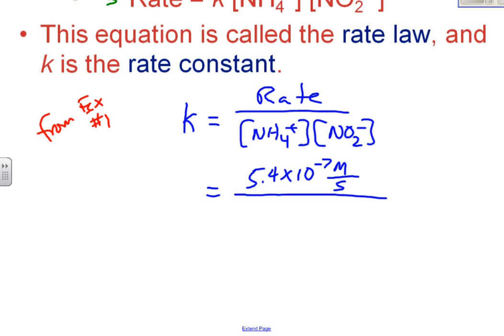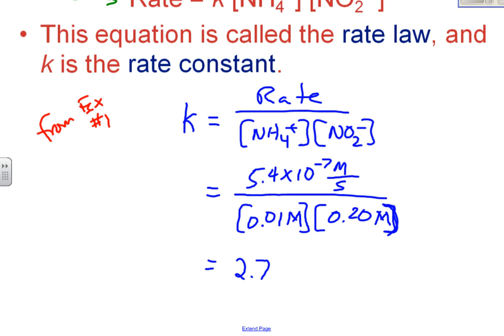And we're going to divide that by a concentration of the ammonium of 0.01 molar and a concentration of the nitrite of 0.20 molar. Which is going to give us a value for the rate constant of 2.7 times 10 to the -4th.